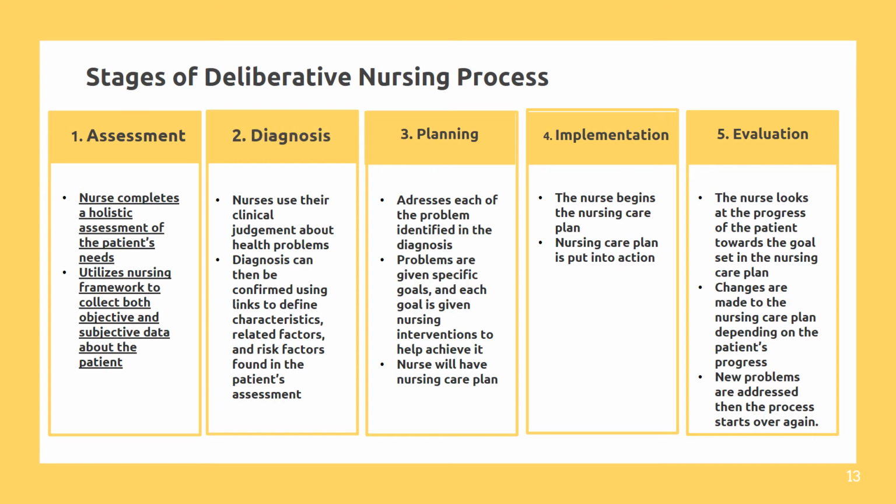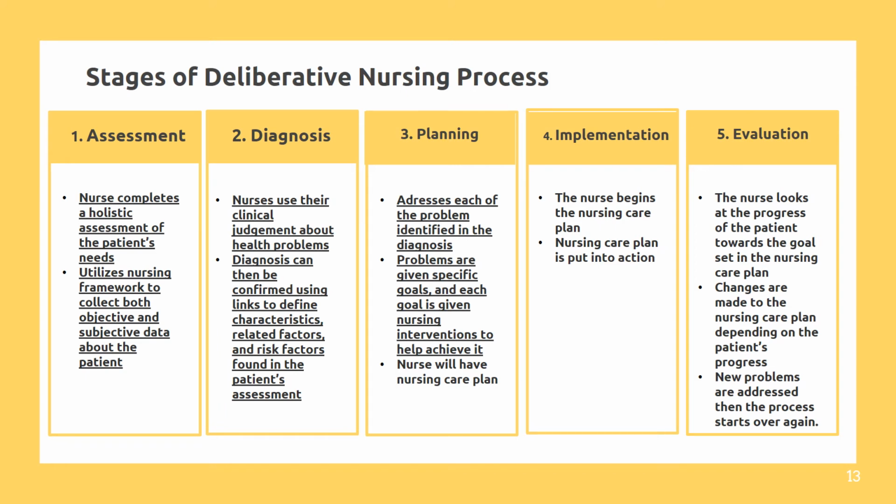Second stage is diagnosis. Nurses use their clinical judgment about health problems. Diagnosis can then be confirmed using links to defining characteristics, related factors, and risk factors found in the patient's assessment. Third stage is planning. It addresses each of the problems identified in the diagnosis.